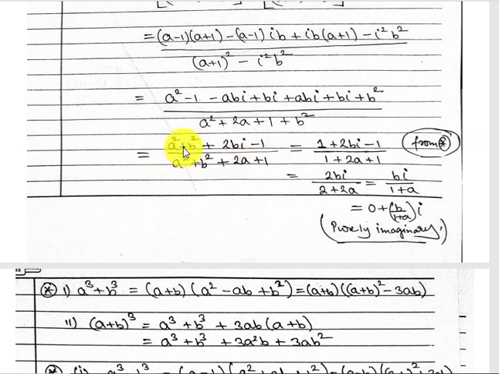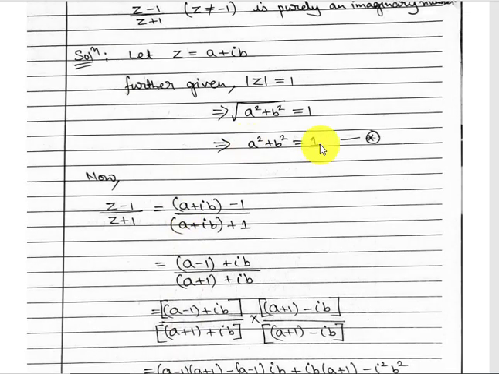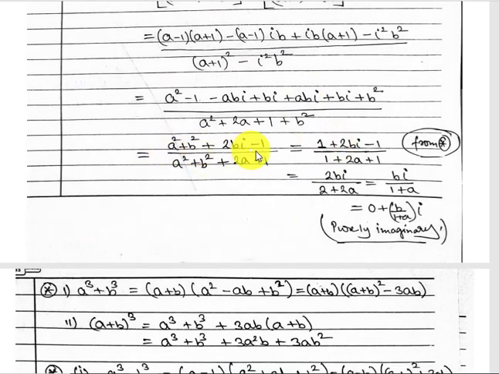But from equation star, a square plus b square is nothing but 1. So in the next step, in place of a square plus b square we'll put 1. So we get this. What happened in the numerator is 1 and minus 1 get cancelled, so we are left with 2bi upon 2 plus 2a in the denominator.